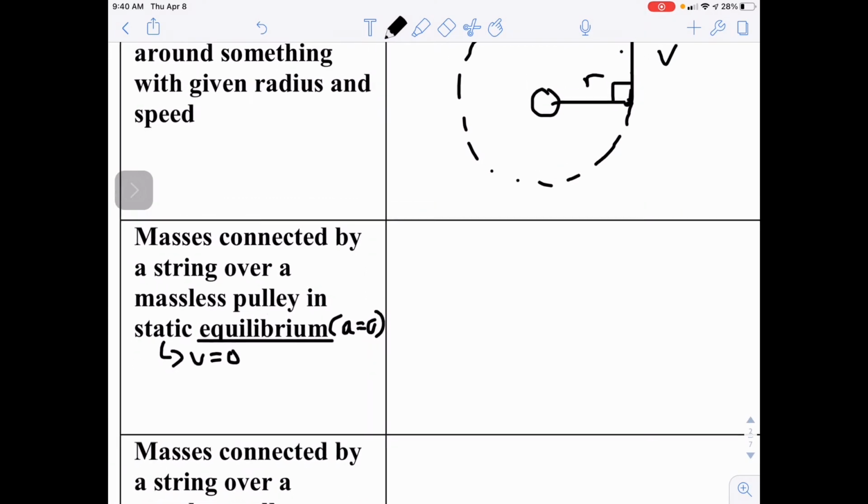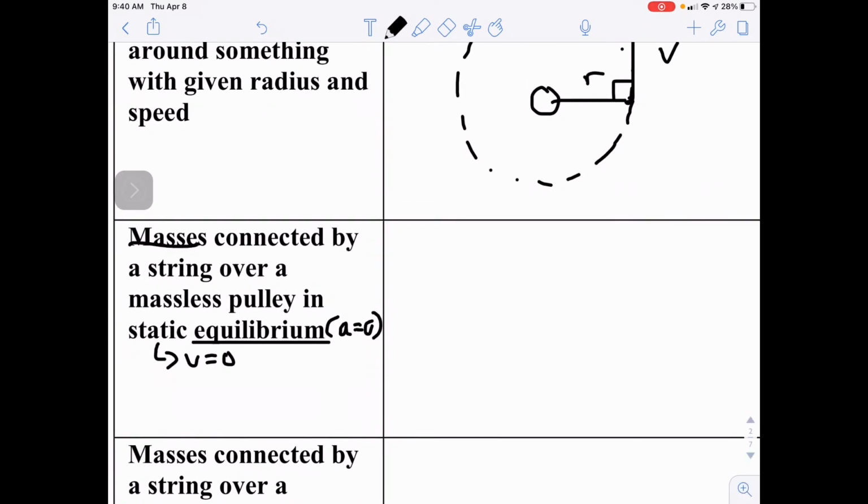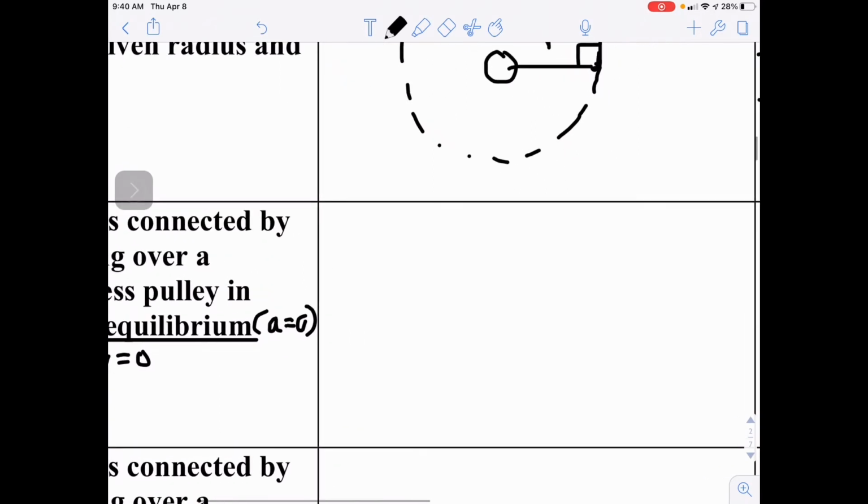And this scenario that we're describing here, multiple masses connected over a pulley, can really be described in a couple ways. You could have one mass on a horizontal surface connected like this to another mass.